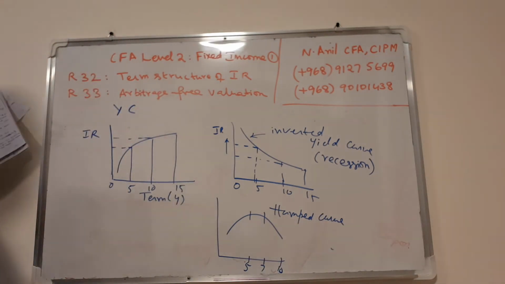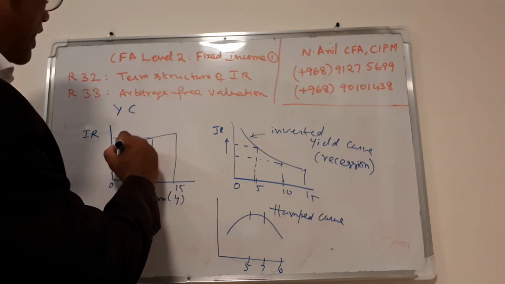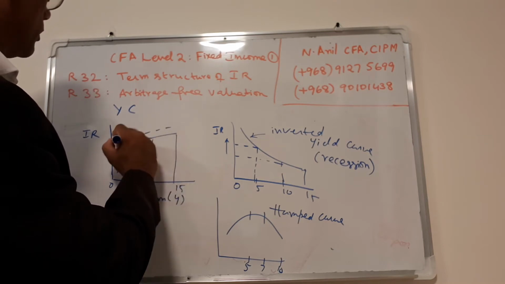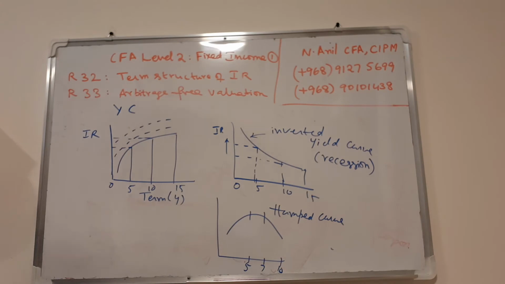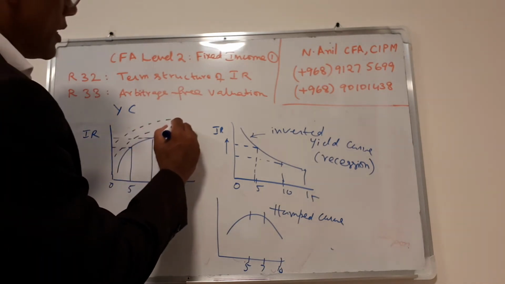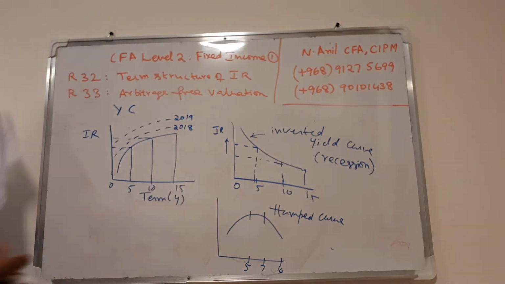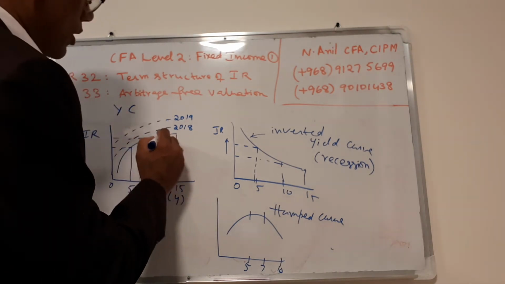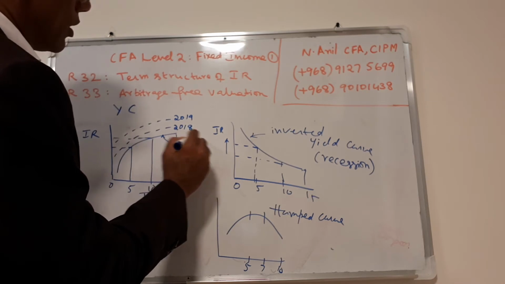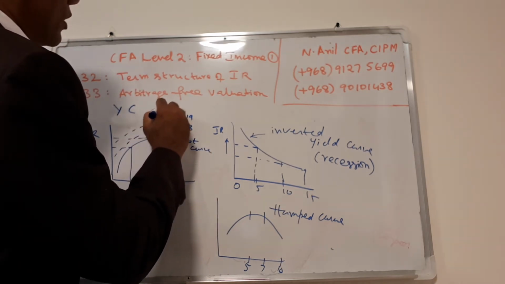Now the forward rates. If it is an upward sloping curve, the forward rate will lie above the spot rate, like this. Suppose this is year 2018, this is 2019. In an upward sloping yield curve, this is the spot curve in thick line, and the dashed one is the forward curve.